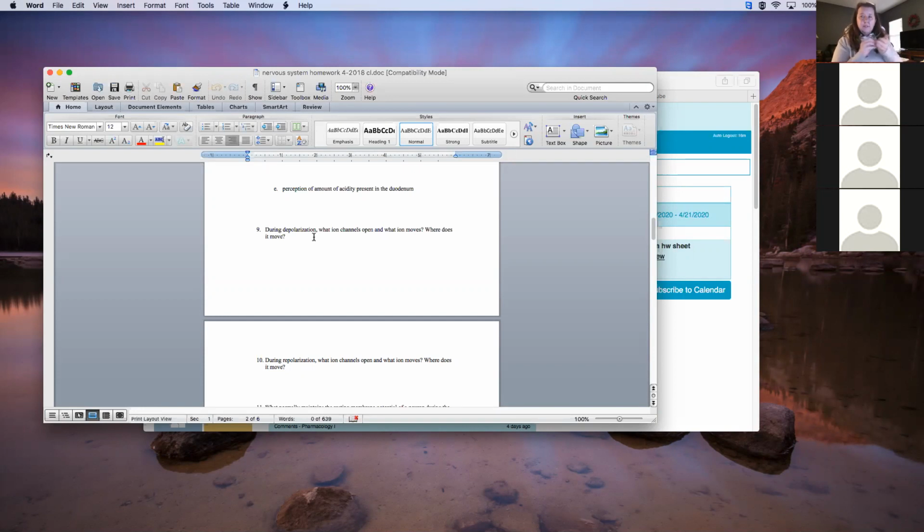When a nerve is stimulated, that is depolarization, and that's when sodium rushes in. So now inside the cell, you have high sodium. When you have repolarization, potassium moves out. Now the cell has repolarized, except they have switched spots, okay? I want you to know where sodium and potassium are during resting state, depolarization, and repolarization.